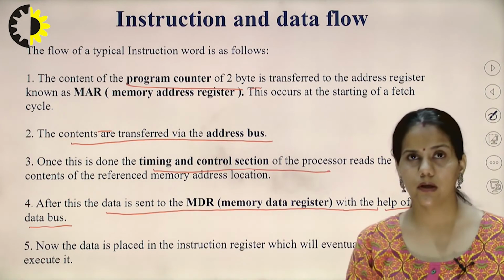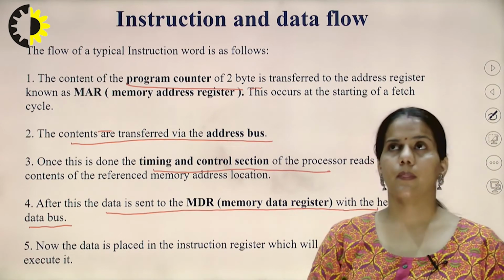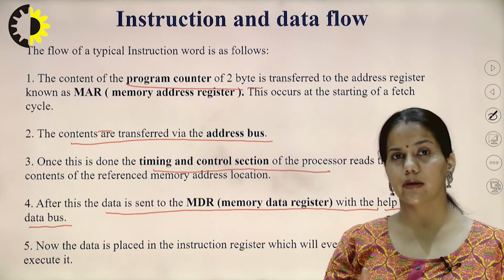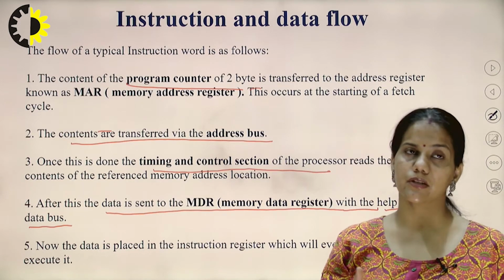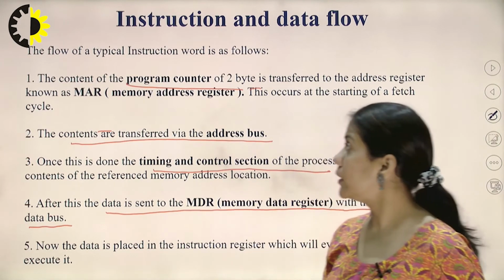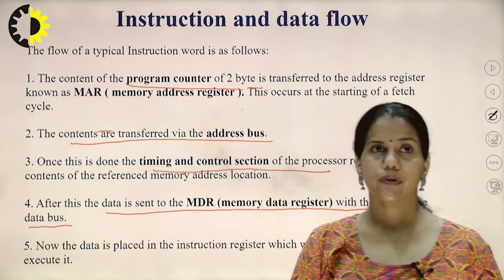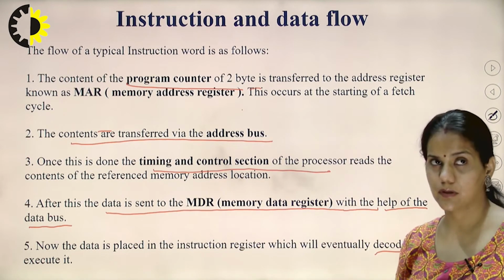So in this way, as soon as the fetch cycle is interpreted, the program counter content, that is the address of the next instruction, is sent to the memory address register, and these contents are transferred via the address bus.